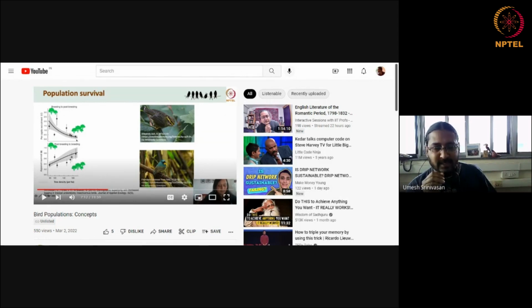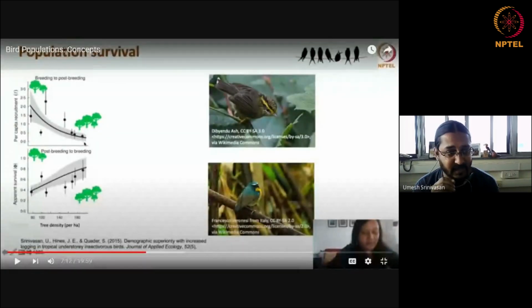If you catch a bird at a particular point in time and then never recapture it, you don't know whether it died or moved away to some other location where you are not studying the population. So you cannot separate mortality, death, from permanent emigration, that is, the bird moving away permanently. So typically we estimate apparent survival, which is the probability the bird survives and stays on the same site.